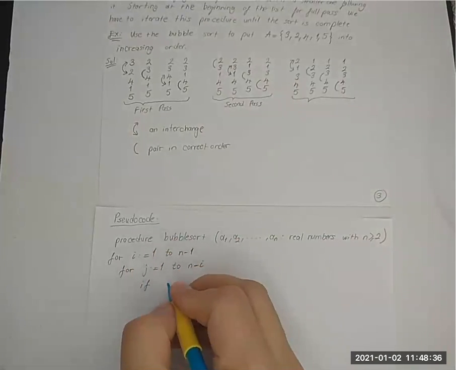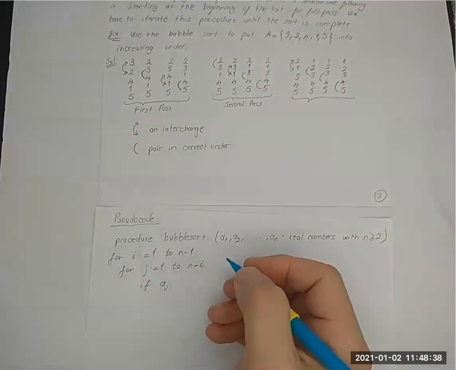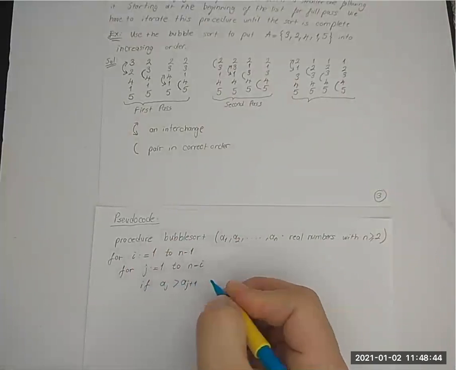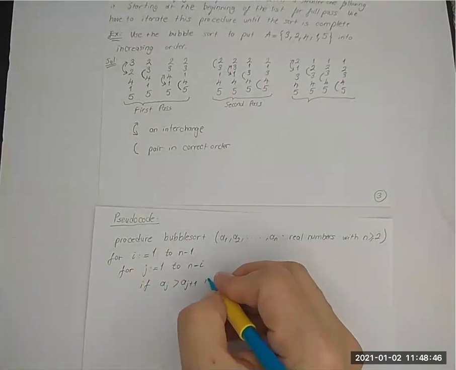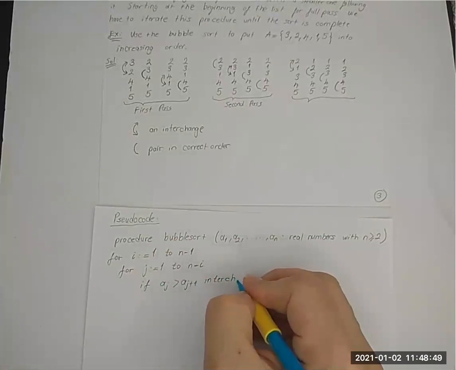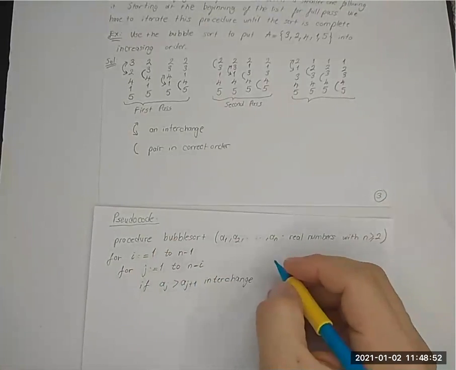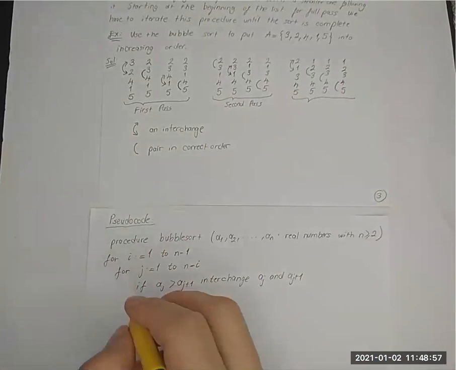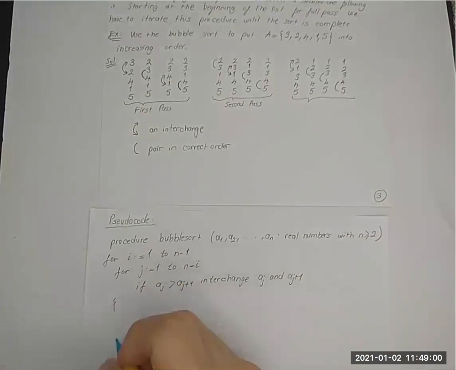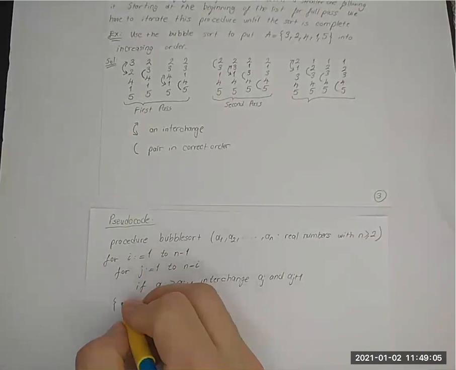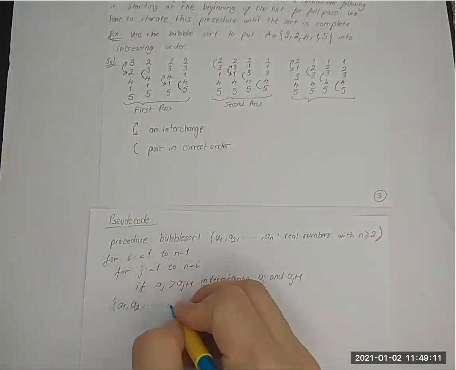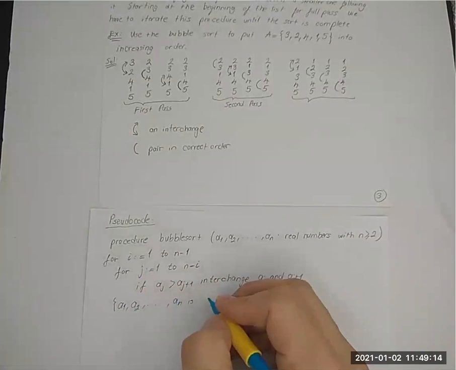If a_j is greater than a_(j+1), interchange a_j and a_(j+1). Then according to that iteration, we will have a1, a2, ..., an in increasing order.